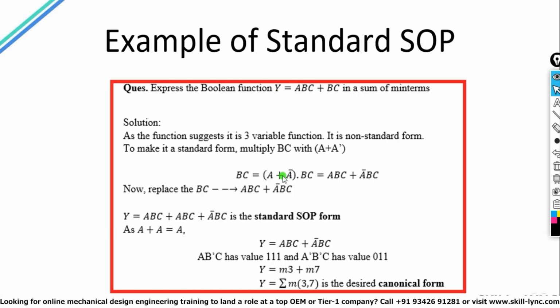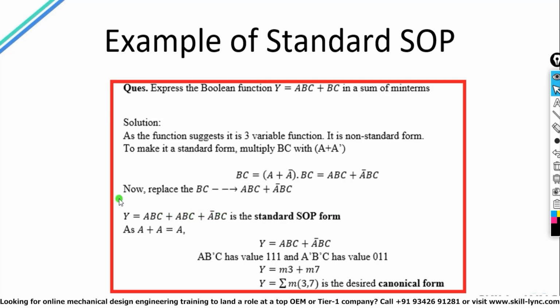ABC plus BC. Now we are multiplying with A plus A bar. Now it becomes ABC plus A bar BC. Now what happened when you are opening the bracket? It is becoming ABC plus ABC plus A bar BC.